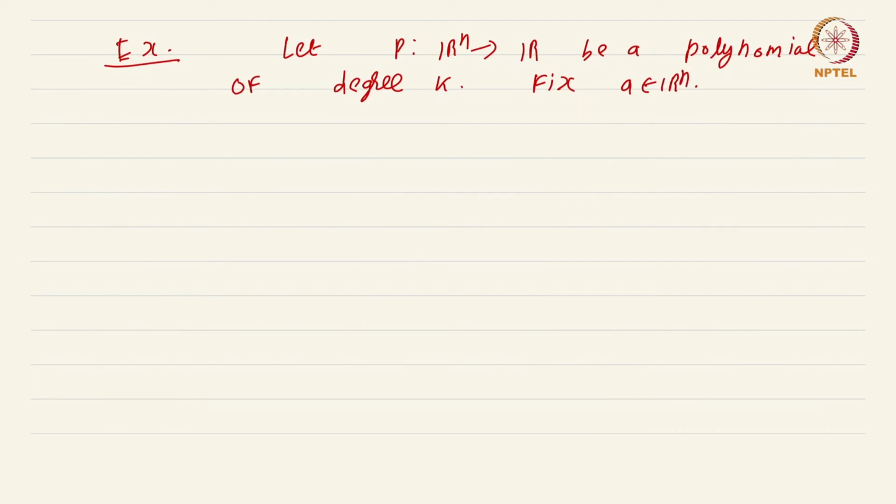Then show that number 1, P of x is actually equal to T_k P 0 (x).